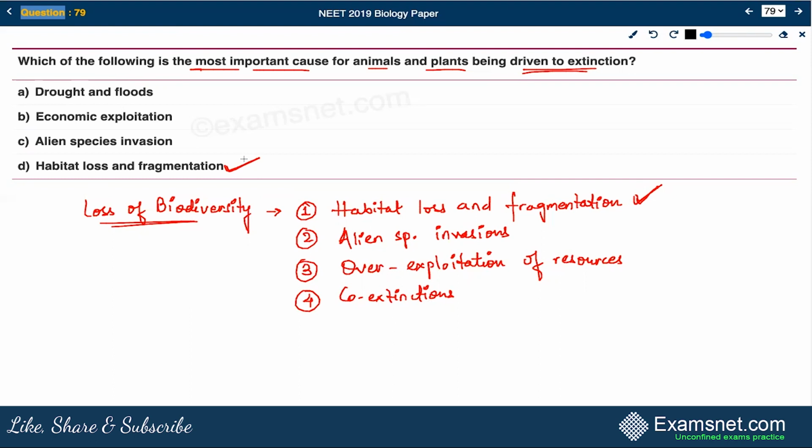So it is driving animals to move towards the urban areas, or towards the city, and plants are getting extinct. So this is one of the main reasons. So option D is the correct answer.